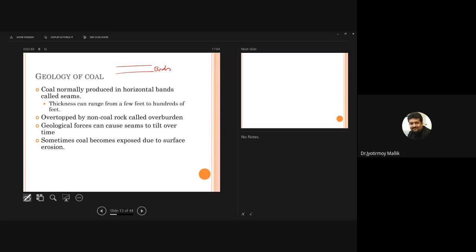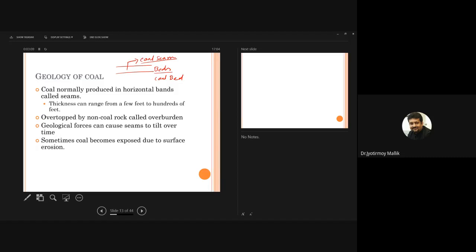So you can call it a coal bed as well if it is a coaly layer. Some people call it that too, but you can also call it a coal seam. Seam is a special name assigned for coal. Right? Coal seam.